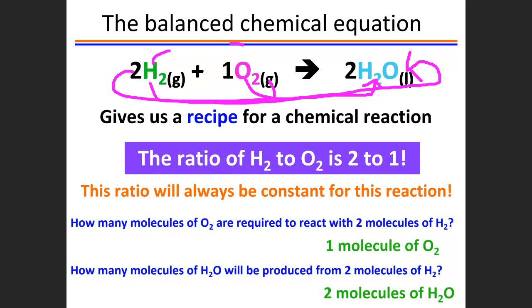The ratio of hydrogen to water is 2:2, that means 1:1 if we simplify. The ratio of oxygen to water is 1:2. That means 1 molecule of oxygen reacts with 2 molecules of hydrogen and 2 molecules of water are produced. So at least you need 1 molecule of oxygen to start this chemical reaction.